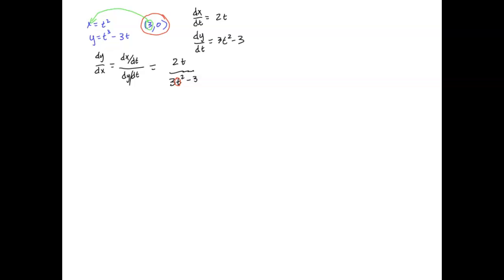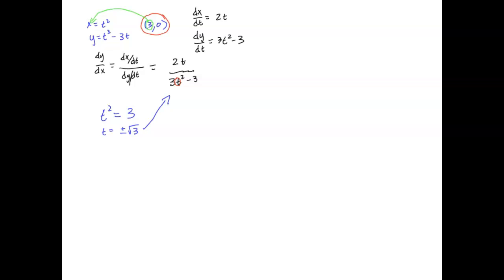And so what we end up with, right, is t squared equals 3. So solving for t, we're just going to get t equals plus or minus the square root of 3. So notice that we get two solutions there, which when we plug either one in here, that's going to give us two separate slopes, two values for dy dx.